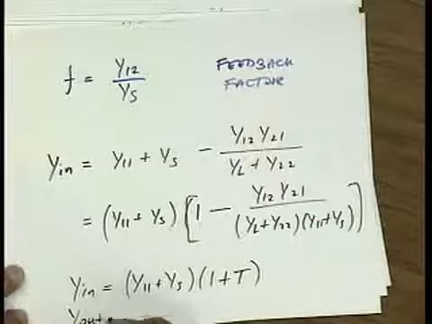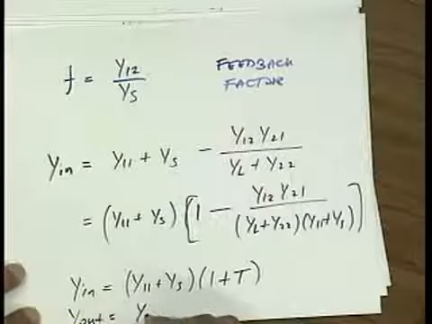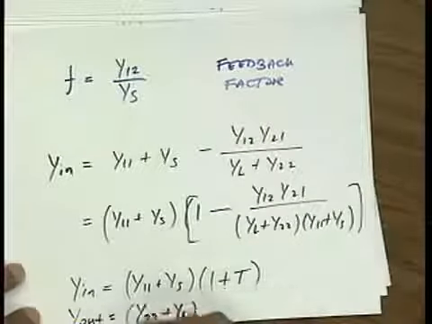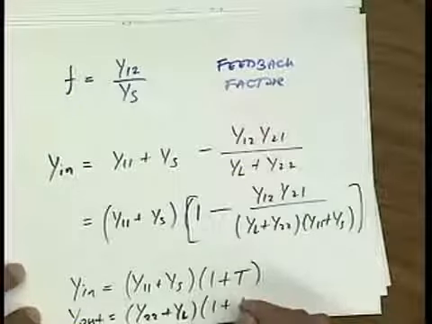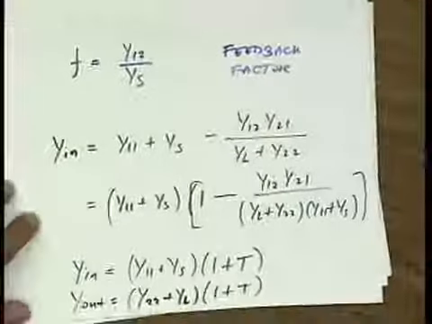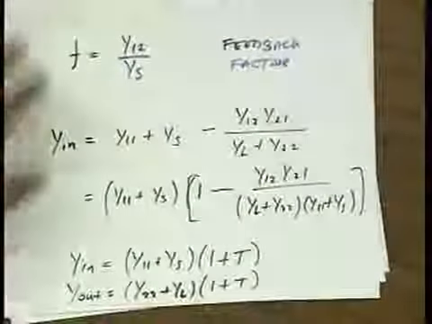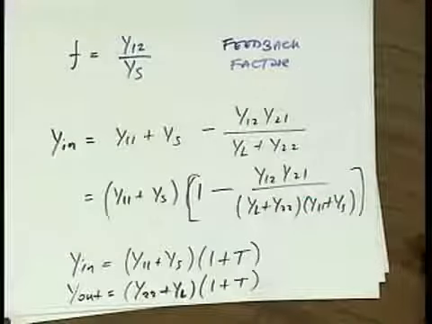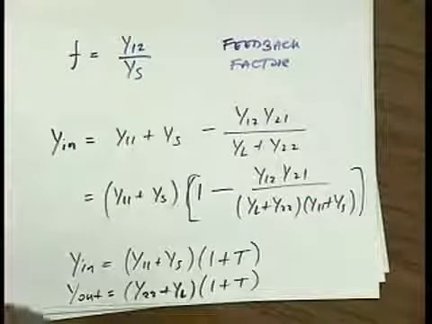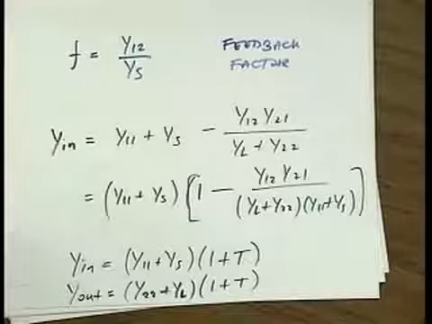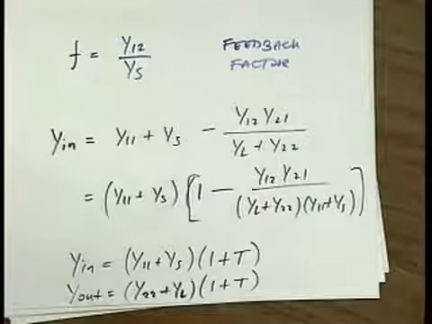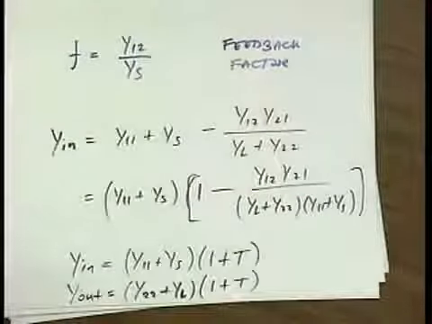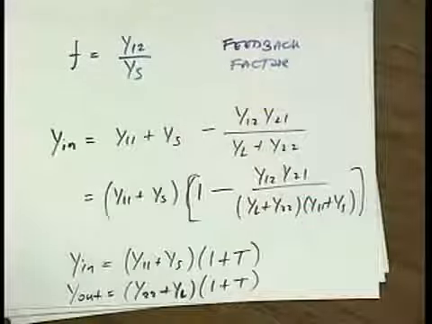By symmetry, the same exact argument holds for the load. We can see that shunt feedback also increases the output admittance by a factor of 1 plus T, and we know that to be true in general of shunt feedback. What's interesting is these same formulas apply exactly for Z parameters.